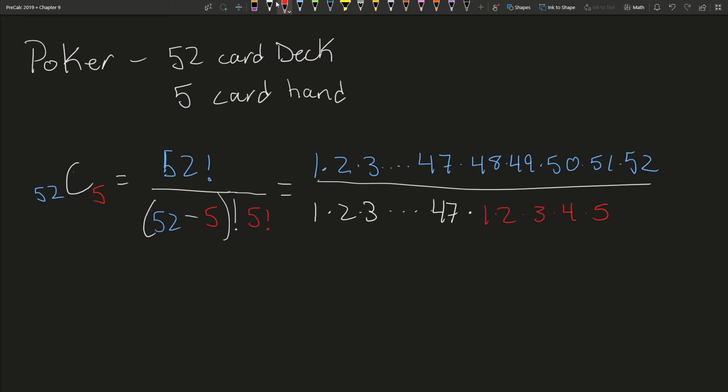Then if we do some simplifying and canceling out common terms, 1 through 47 in the numerator cancel with 1 through 47 in the denominator. So we get 48 times 49 times 50 all the way to 52.